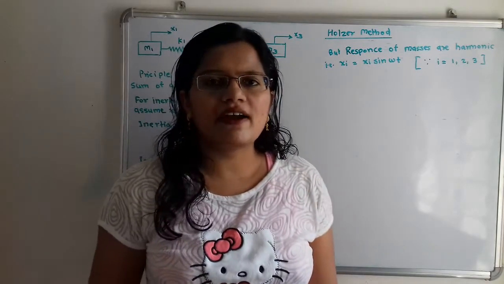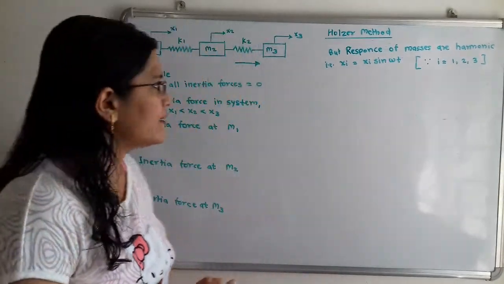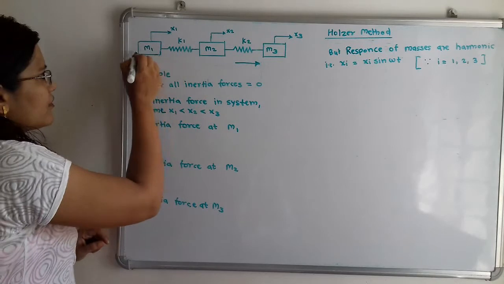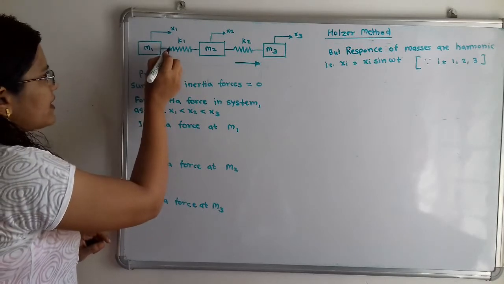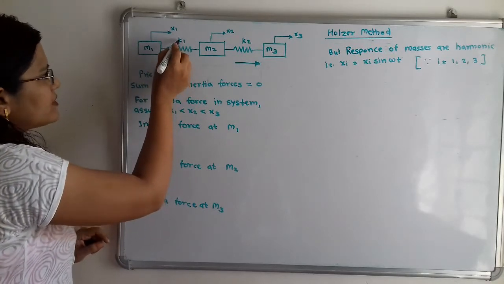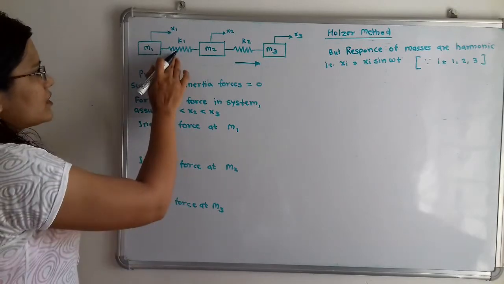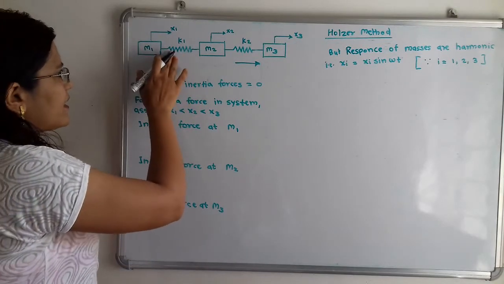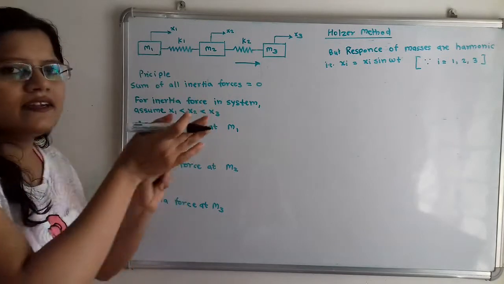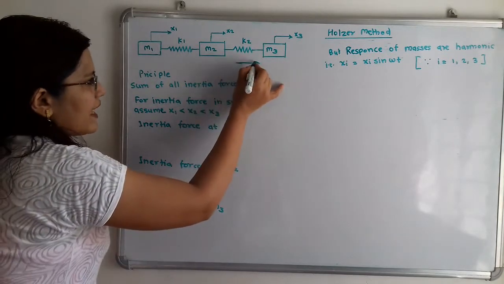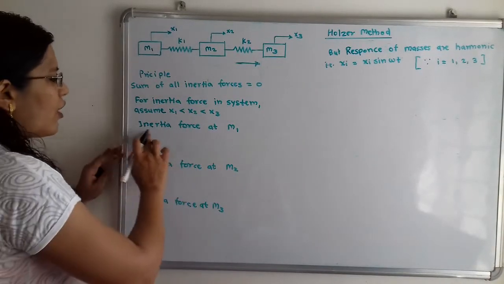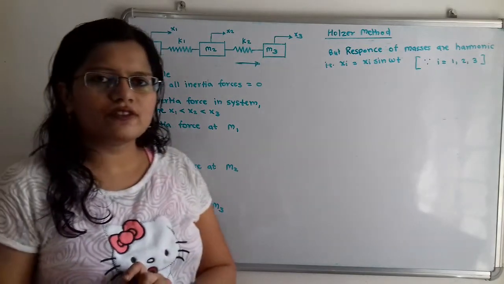Now we will first find out the inertia force at mass m1. If we observe this mass m1, it is attached to the spring with stiffness k1. Now this spring is on the right hand side of this mass m1 and the system movement is towards the right hand direction. So how will we write this inertia force at m1?